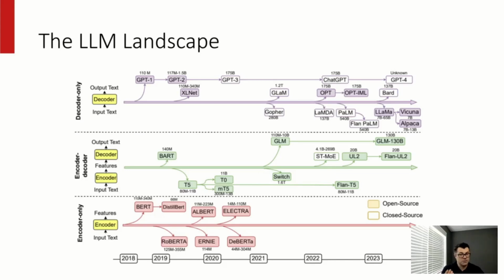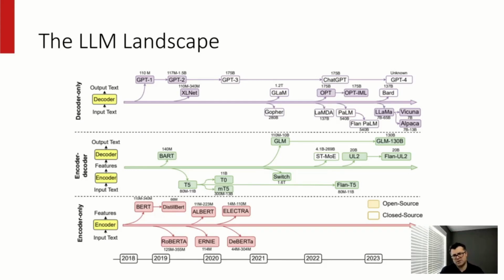GPT-3 came out in 2020, and it took quite a while until ChatGPT came out, which was the thing that provided all this visibility and attention out there. And then lastly, GPT-4, and now there's been quite a bit of activity within the open source models. Facebook has released Llama 2, which is available for commercial use.